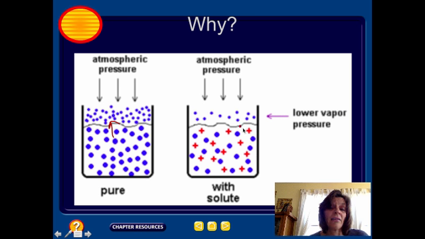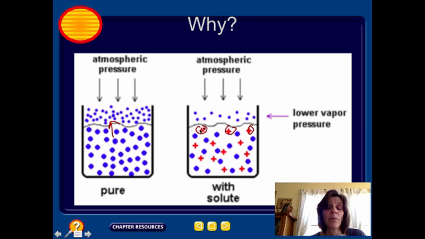Now, when you have a solute mixed in with your solvent, there are competing attractions. And so not only is the water attracted to water, but it's also attracted to particles such as salt or sugar. And these particles are literally in the way in the surface so that the water particles aren't allowed to evaporate as easily.